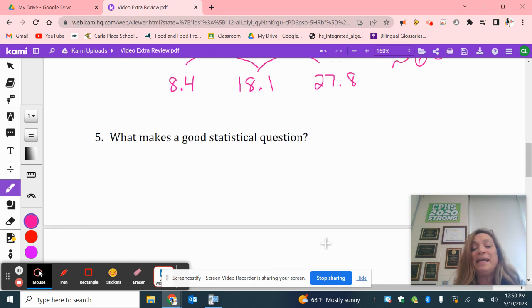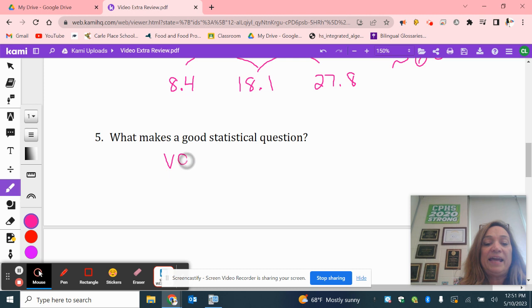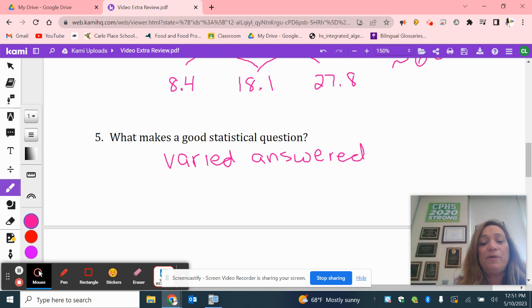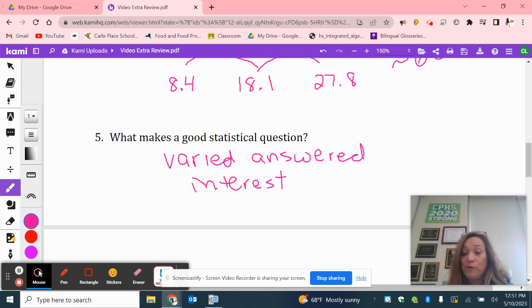All right, what makes a good statistical question? Well, a good statistical question would definitely have varied answers. It would also be of interest. You've got to be careful when you say of interest because what interests me might not interest you, but it would have to be something somebody wants to research.